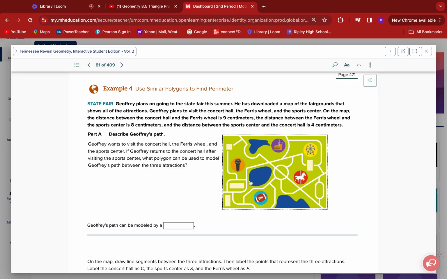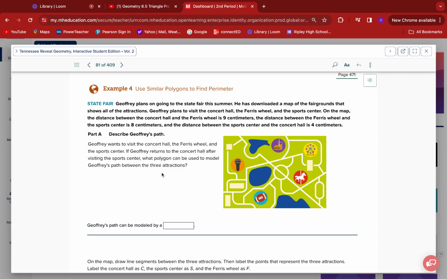On the map, the distance between the concert hall and the Ferris wheel is 9 centimeters. The distance between the Ferris wheel and the sports center is 8 centimeters. And the distance between the sports center and the concert hall is 4 centimeters. So 9, 8, 4 centimeters. Describe his path.